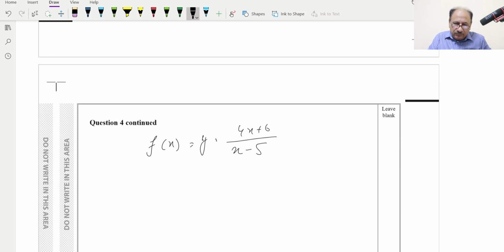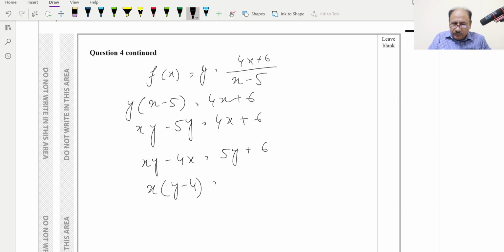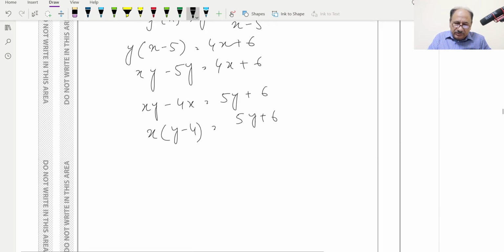Now we can cross multiply and we will get y into x minus 5 is equal to 4x plus 6, and we can multiply, xy minus 5y is equal to 4x plus 6, and x we can shift to the other side, so it will be xy minus 4x is equal to 5y plus 6, and we can take x common, so inside will be y minus 4 is equal to 5y plus 6, and we can shift y minus 4 to the other side and we will get x is equal to 5y plus 6 over y minus 4.